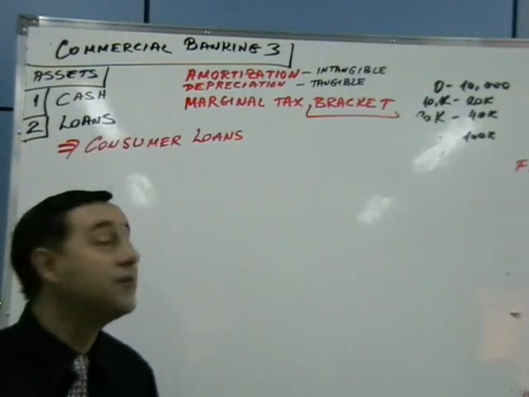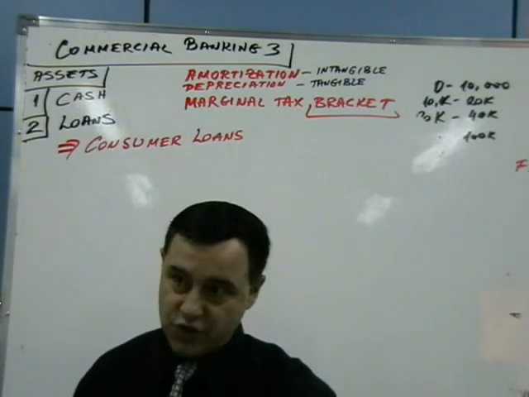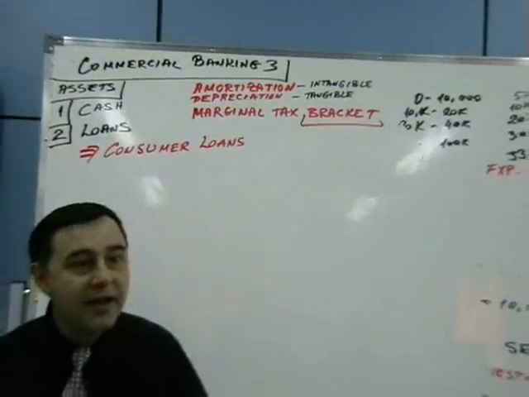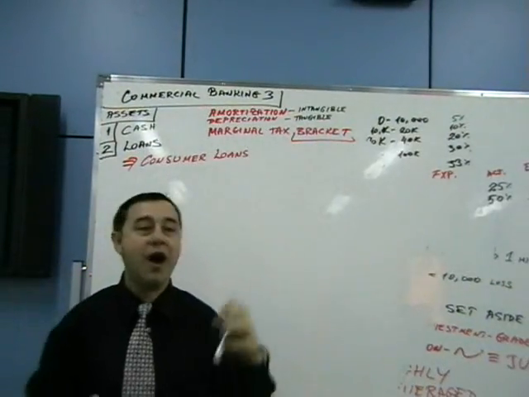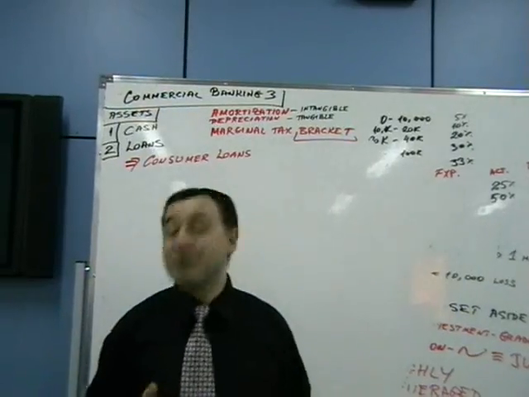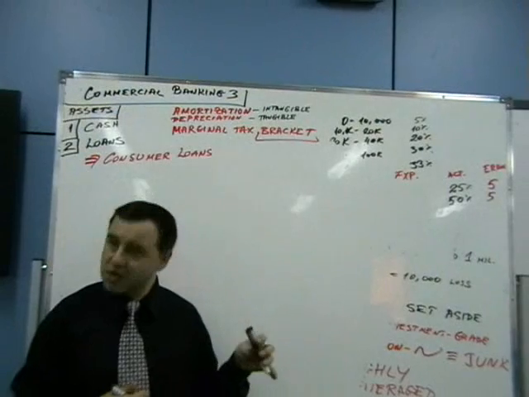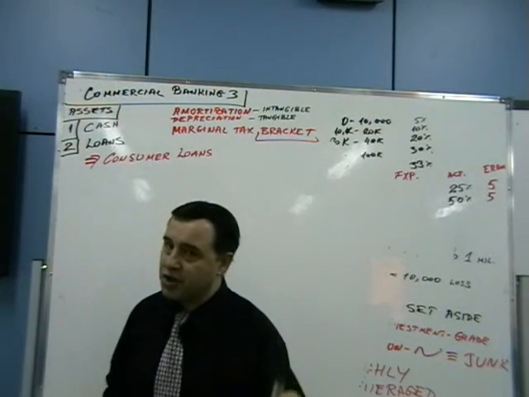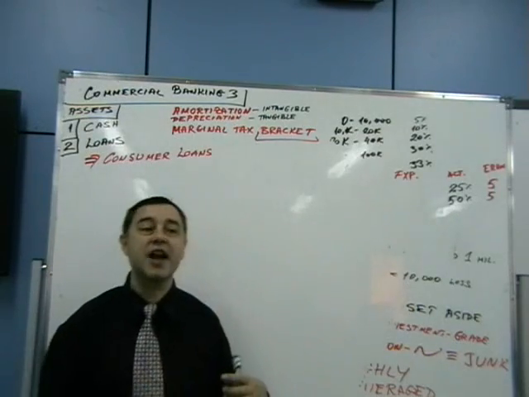In other words, confusion. So, consumer loans, bankers love consumer loans. Why? They are very, very, very profitable. Because consumers aren't very sophisticated borrowers. Most of the time, they don't know what they're doing. Most of the time, they don't understand the real financing side of it.